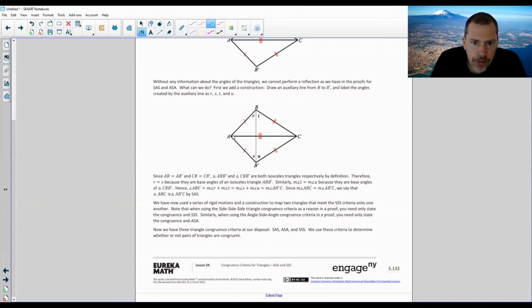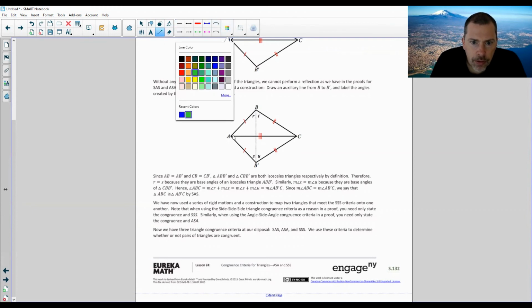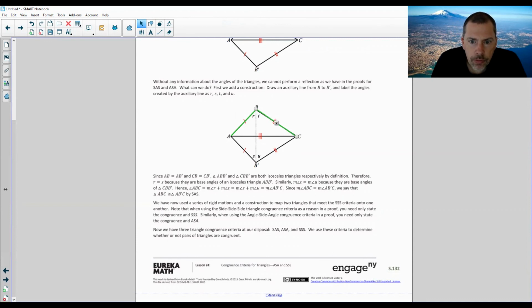What they're saying is angle ABC, this whole thing, let me highlight it. So they're saying this angle here is equal to this angle plus this angle. Doesn't that make sense?